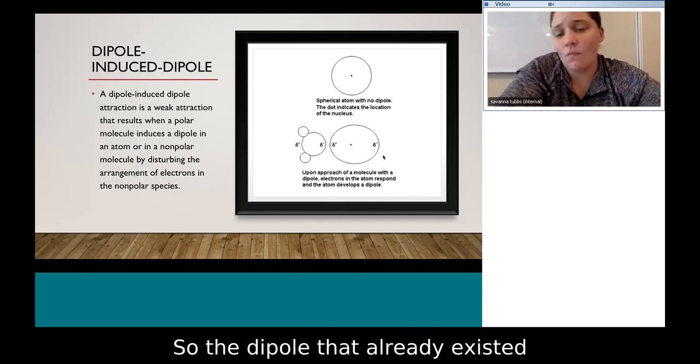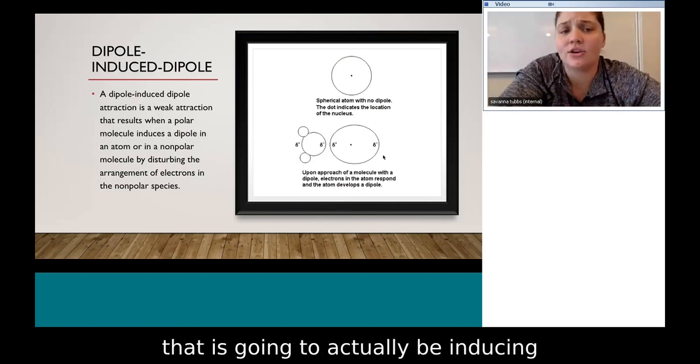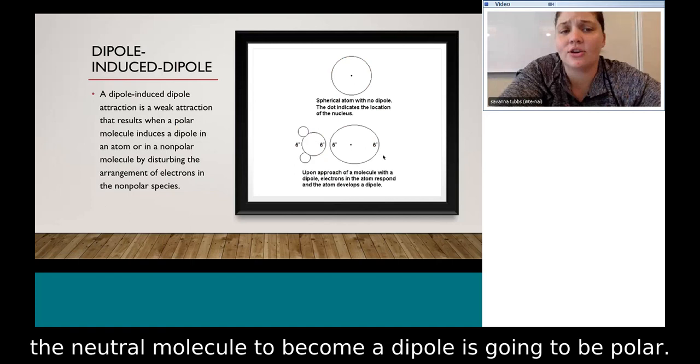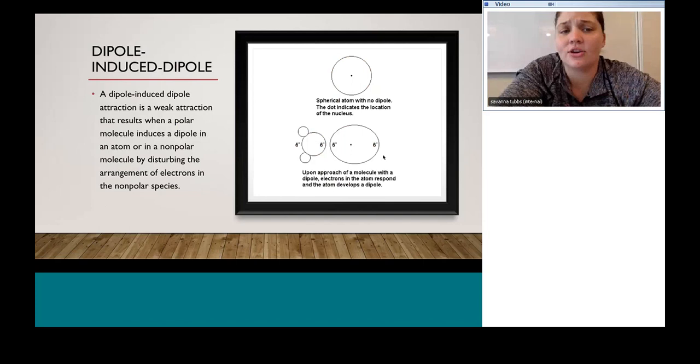So the dipole that already existed is going to be inducing the neutral molecule to become a dipole, and it is going to be polar.